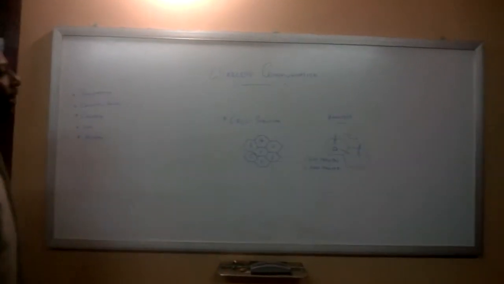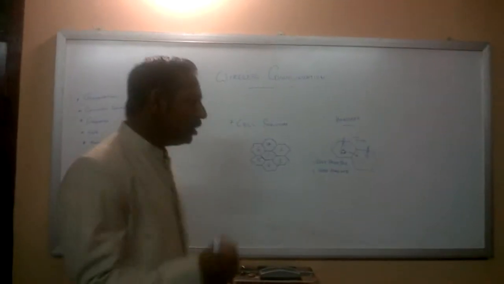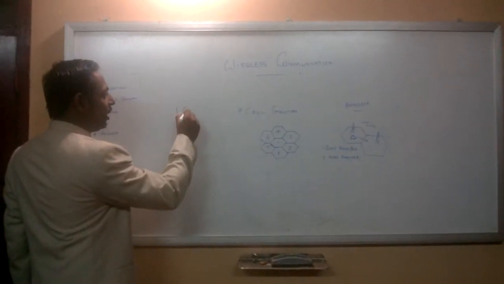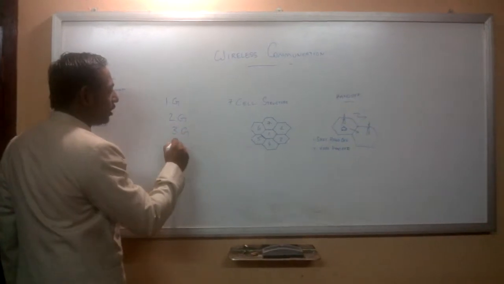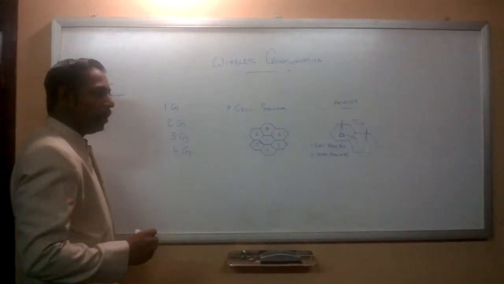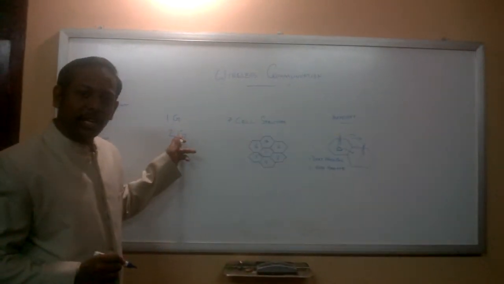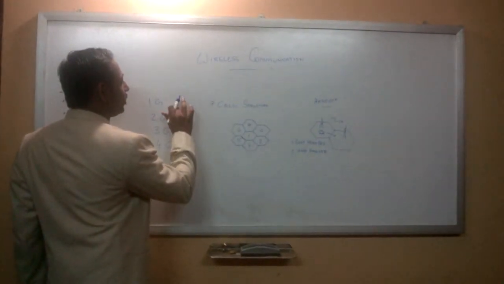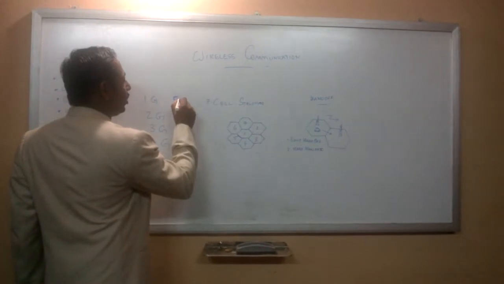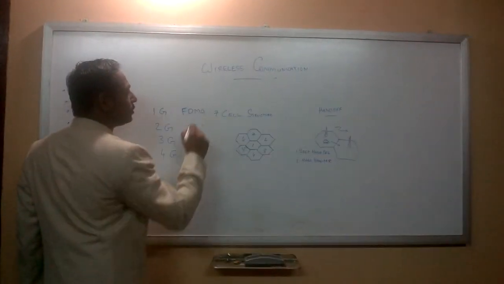Okay, the generation as such can be subdivided into the first generation, second generation, third generation and fourth generation. I hope that the first generation, you all know, it is utilizing the technique of the frequency division multiple accessing, FDMA.